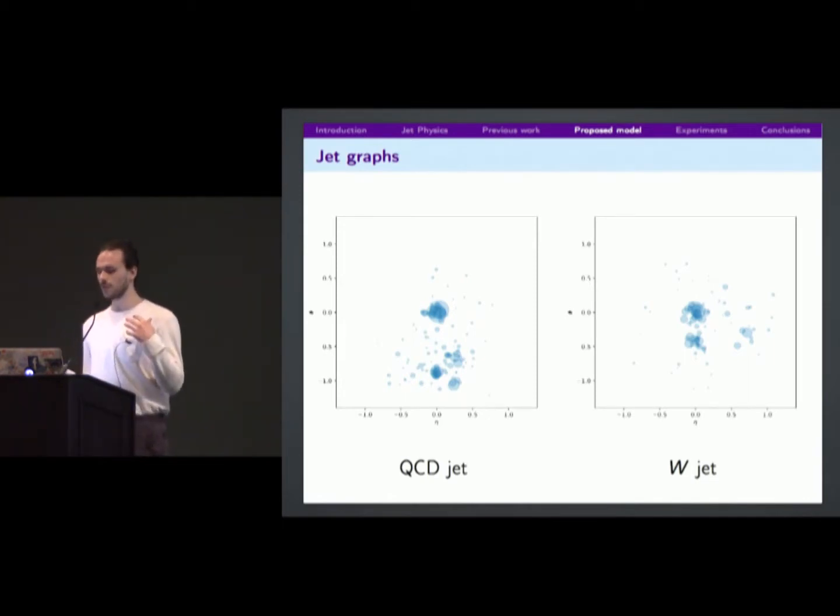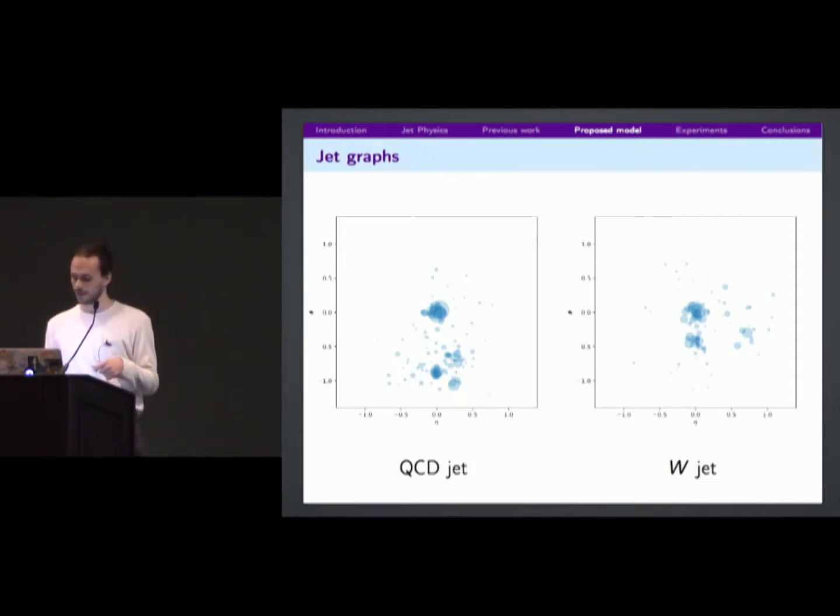And what we'll say is, well, you have this collection of 100 or 200 particles. And just like in the recombination algorithm, you can have some distance metric between them, and that naturally makes them into a graph. So you can now use some kind of graph neural network to analyze them.